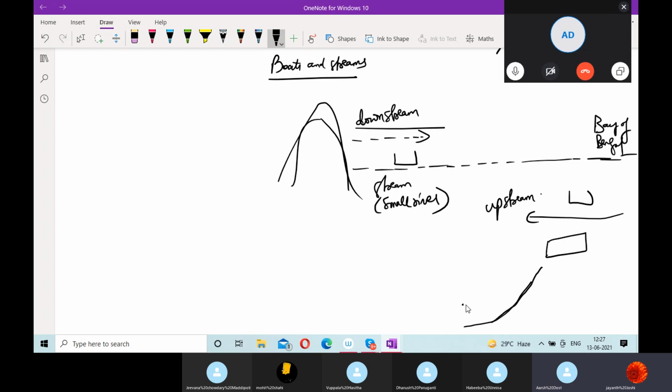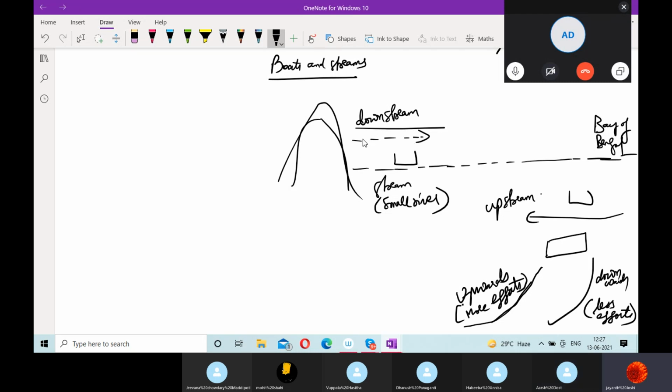If you go upwards, you have to put in more effort. If you are coming downwards, less effort, very easily you can come. So this thing you should understand.